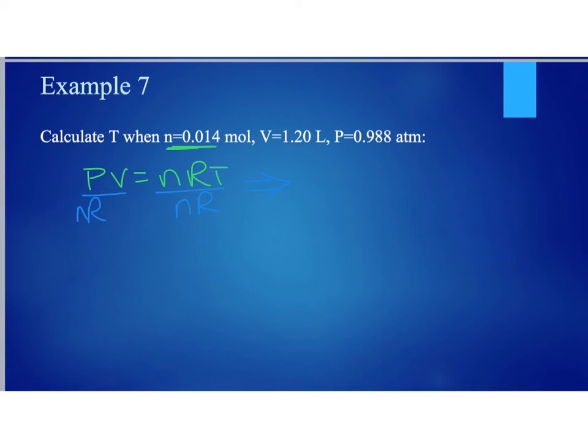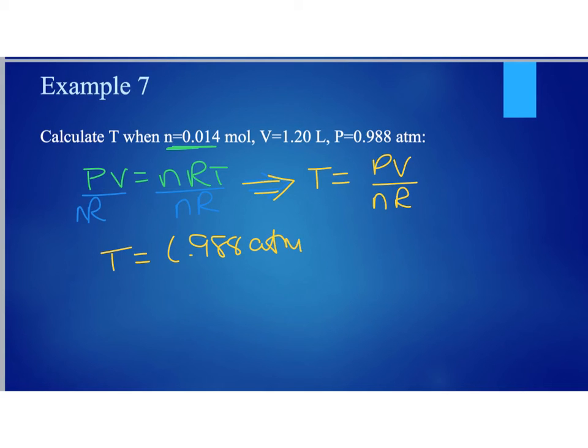And let me change color here. So this is going to give me that T is equal to PV divided by nR. And I'm literally just going to plug my values in. So temperature is equal to pressure, which is 0.988 atmosphere, times volume, 1.2 liters, and I'm going to divide that by the number of moles, which is 0.014.